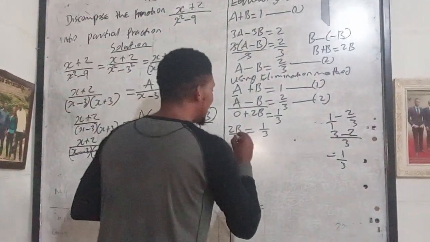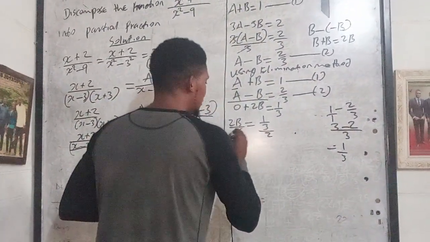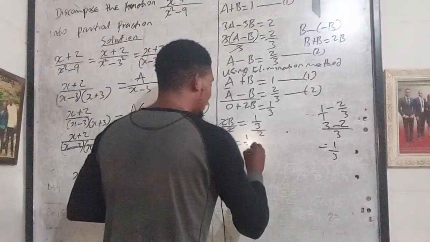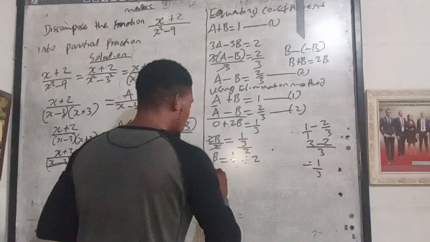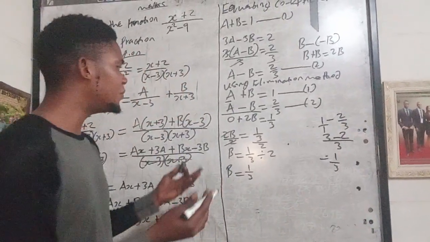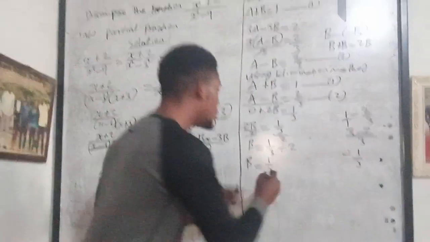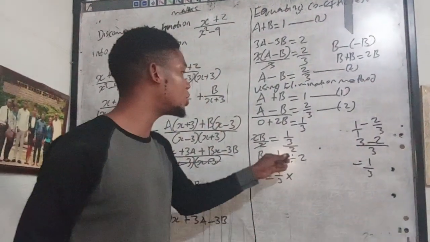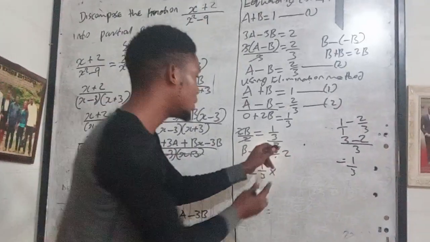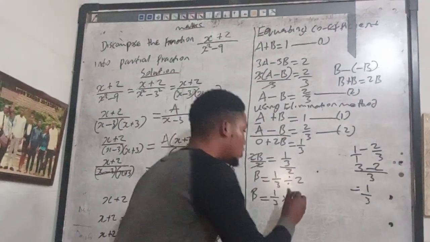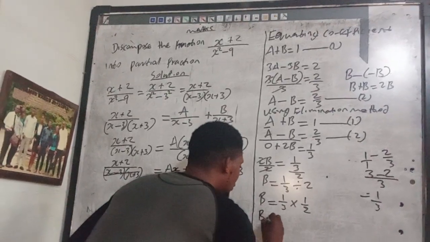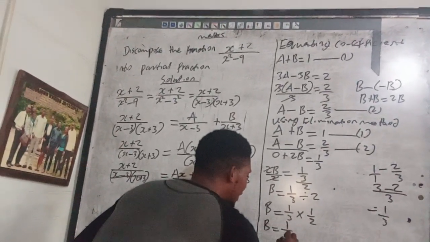We divide both sides by 2, which is the coefficient. b will now be equal to 1 over 3 divided by 2. If you do division of fractions, you change division to multiplication and take the inverse of the divisor, 1 all over 2. This will now be equal to 1 over 6.